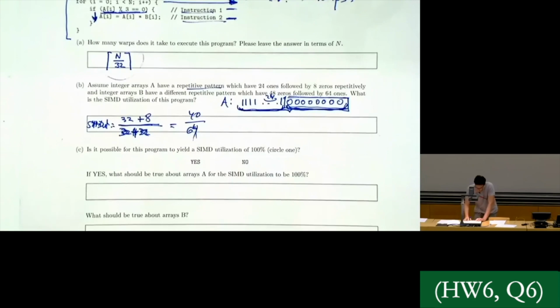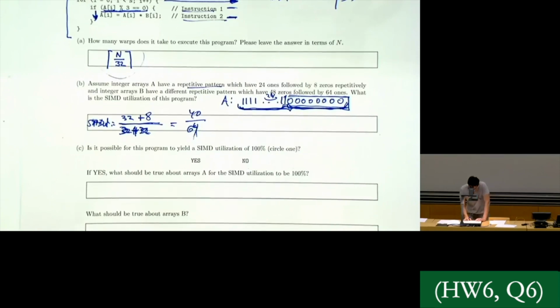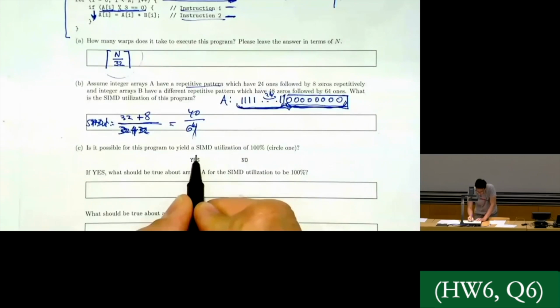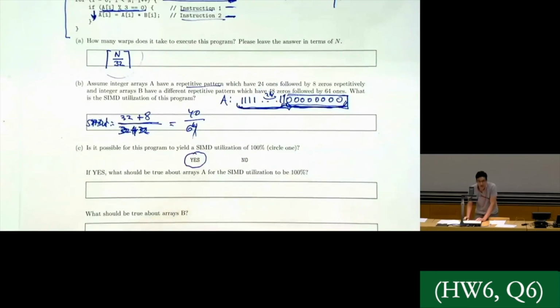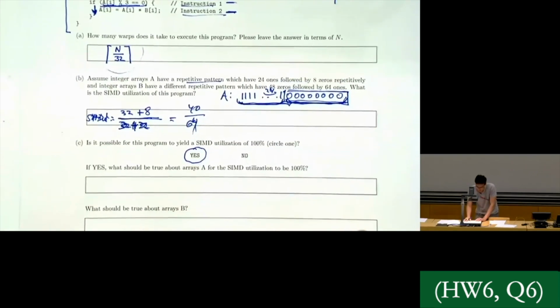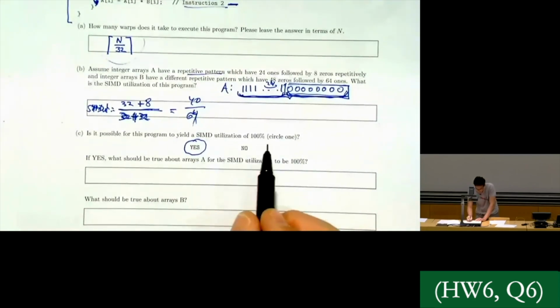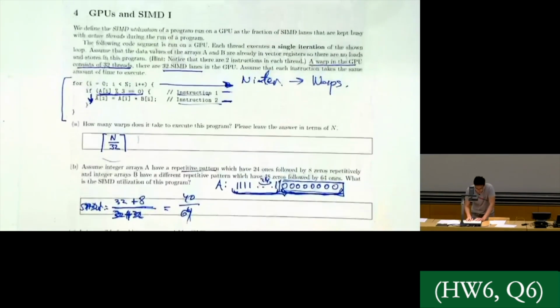The second part says, is it possible for this program to yield SIMD utilization of 100%? Well, the answer is yes. But this case in which the SIMD utilization is 100% is going to be dependent on the value of each of the elements of array A, as you already know. There are two possibilities here.